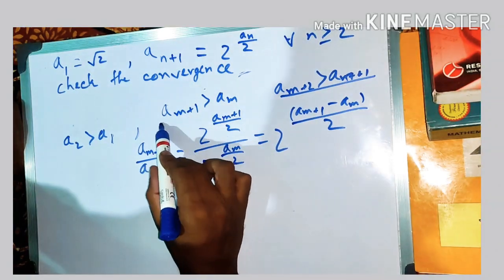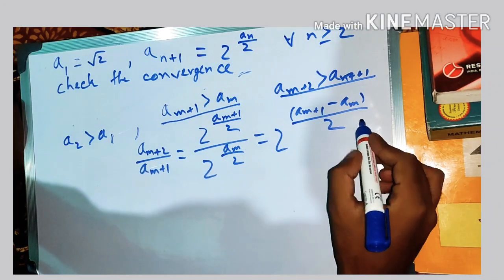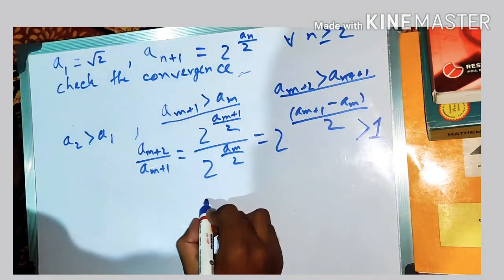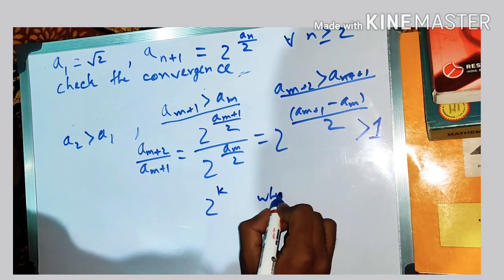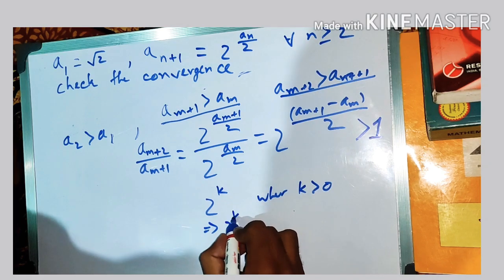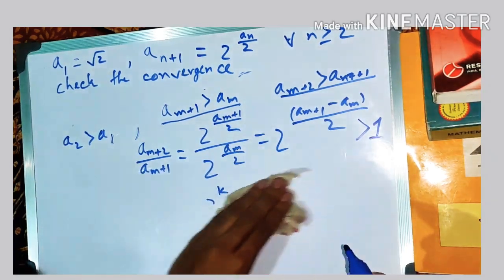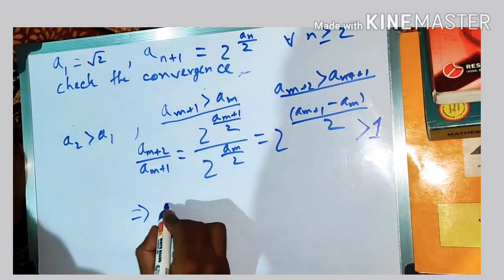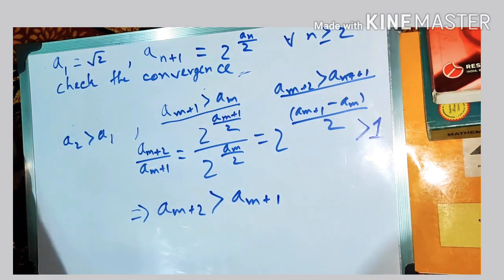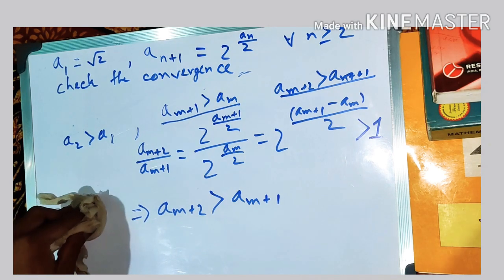Since am plus 1 minus am is greater than 0, this is greater than 1, because 2 to the power k with k greater than 0 is greater than 1. This implies am plus 2 is greater than am plus 1.